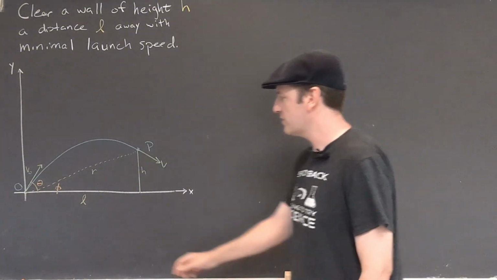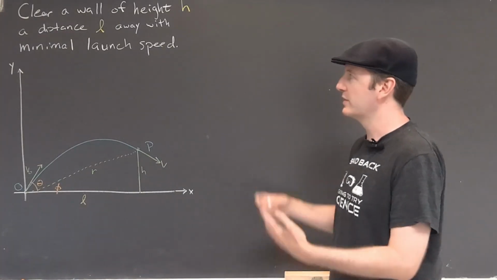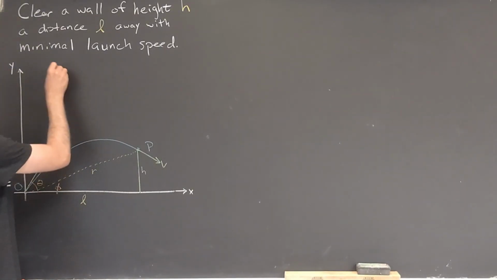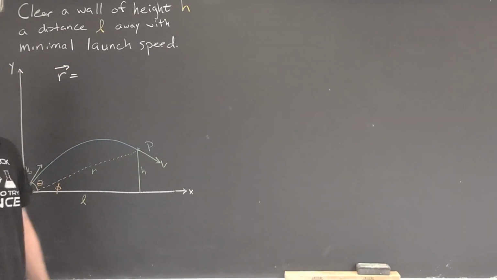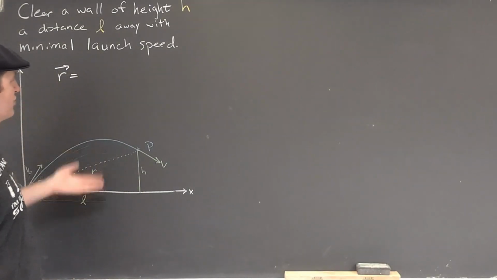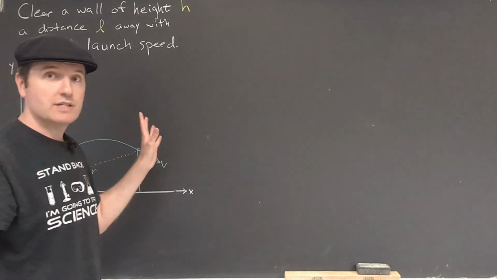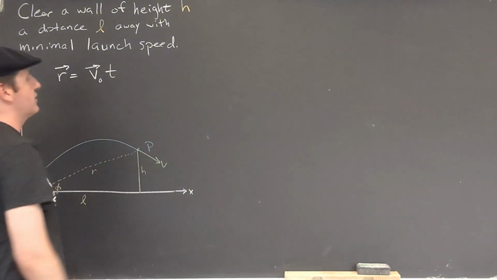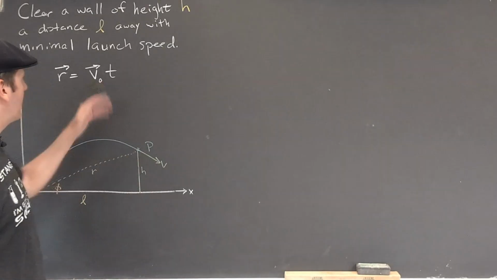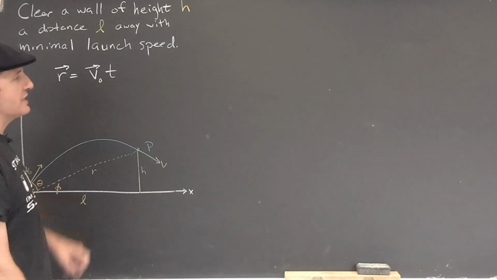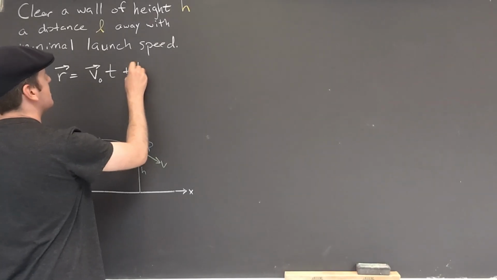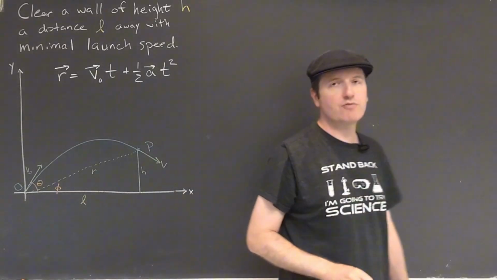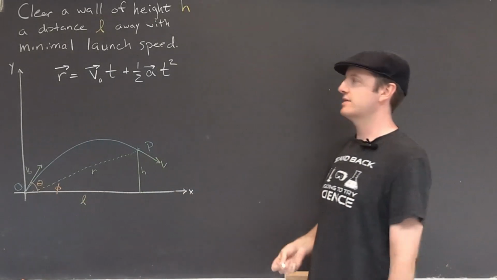Okay, so first off, because we know that the kinematics here are with constant acceleration, I'm going to remind us that I can write down the position of my projectile at any time, if it starts at the origin, as my initial launch vector, which I'll label V naught with a vector symbol, times t, plus 1/2 the acceleration vector times t squared.